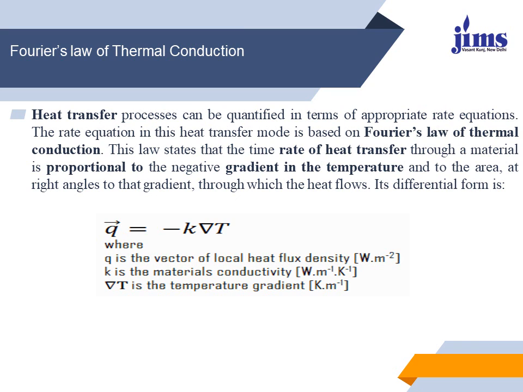The next assumption is that the material should be homogeneous and isotropic in nature, and the last one is that the temperature profile across the wall material should be linear. These are the assumptions when we derive the equation for heat transfer through a plane wall. So according to Fourier's law, the rate of heat transfer Q is equal to minus K del T.